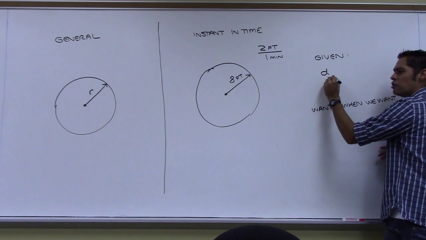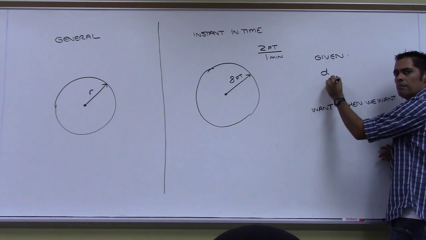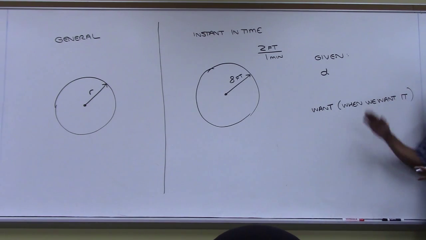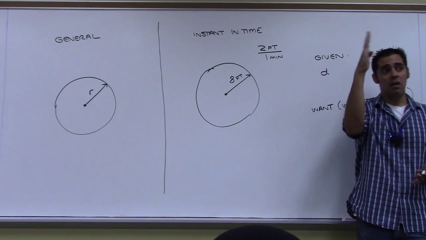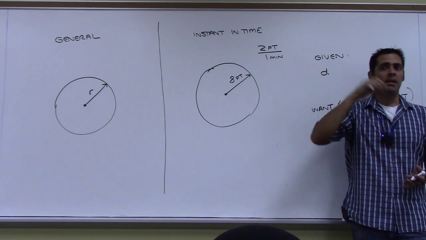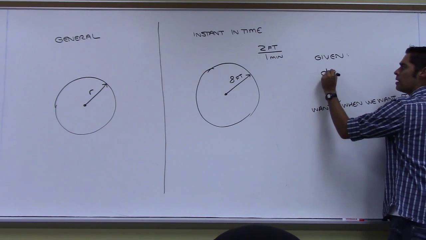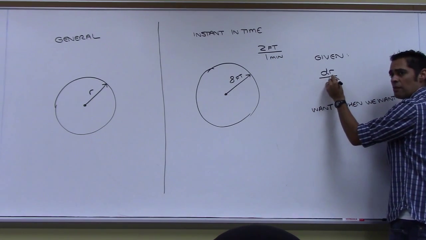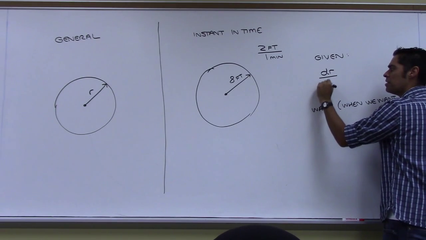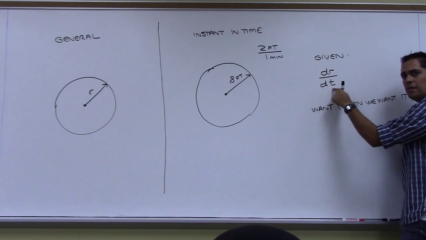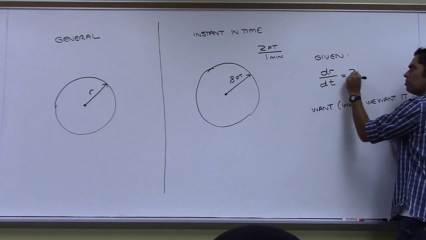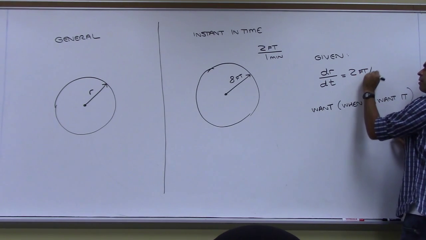Isn't the rate of change of something the derivative? Like when you talk about rate of change, slope of a line is rate of change, but at an instant in time. So could I say that dr, the change in radius, with respect to time, t, is equal to 2 feet per minute?